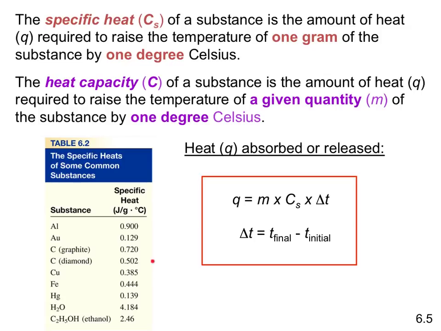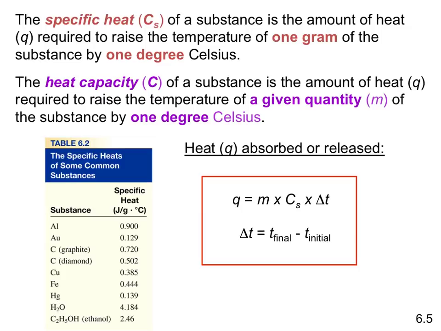And so what we have here is a bunch of data regarding the specific heat capacities of specific substances. I want you to notice that the units here are joules per gram times degrees Celsius, which corresponds to the definition that we were given for specific heat capacity. And I want you to look at aluminum here and its specific heat capacity versus iron.